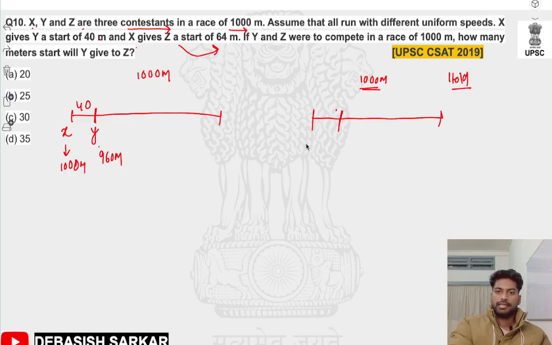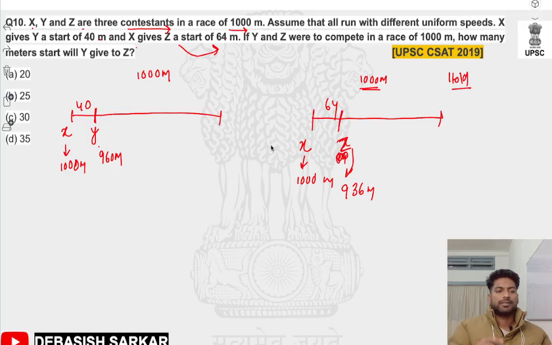So x will stay the same, x again running 1000 meters, and z's 64 gets subtracted, so z runs how much? 936 meters.